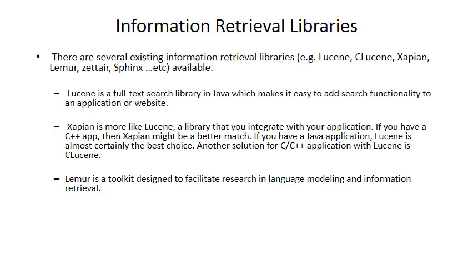This is Pak Hui. I'm going to continue the presentation, starting with the information retrieval libraries. There are several existing information retrieval libraries available, such as Lucene, CLucene, Sapien, Lemur, etc. Our team investigated these and found that the most common one, Lucene, of course, is the Java-based full text search library, and Sapien is like Lucene, but it is C and C++ based, so integrating with a C++ application will be easier.